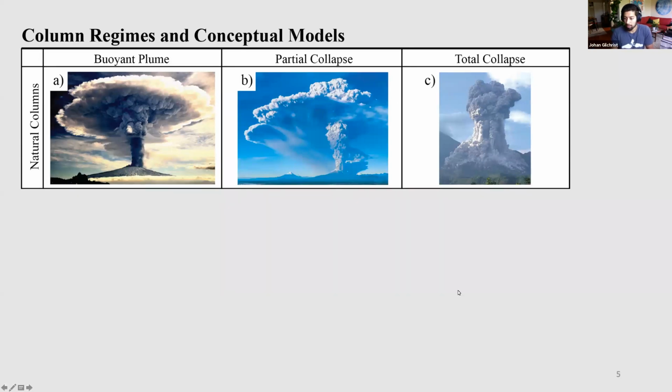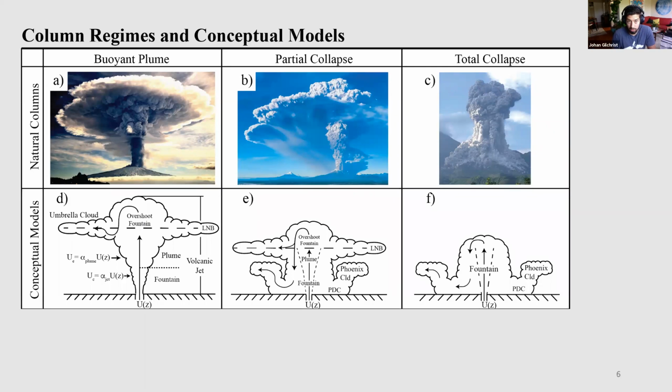All right, here I'm going to introduce some standard column regimes. So these are what I would say representative images of explosive eruption columns in the Buoyant Plume, the partial collapse, and total collapse regimes. And below I'm going to introduce some conceptual model sketches that attempt to provide insight into the dynamics going on in these regimes.